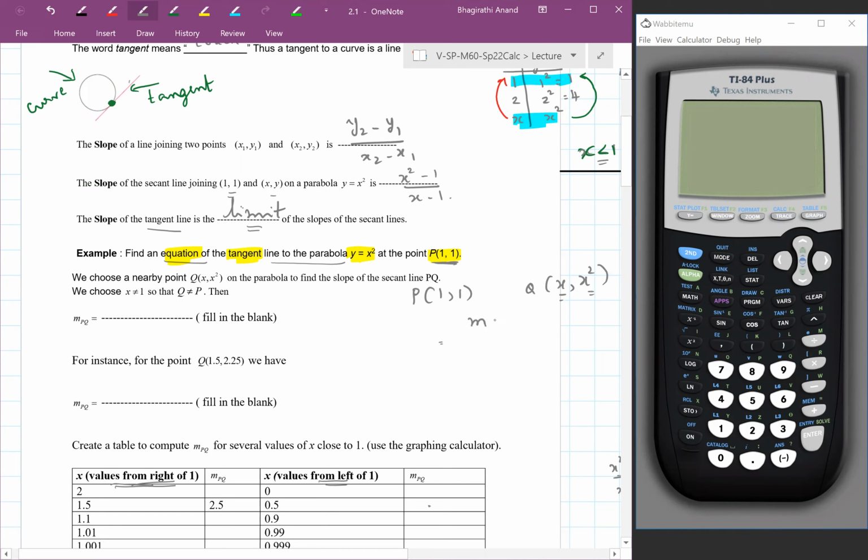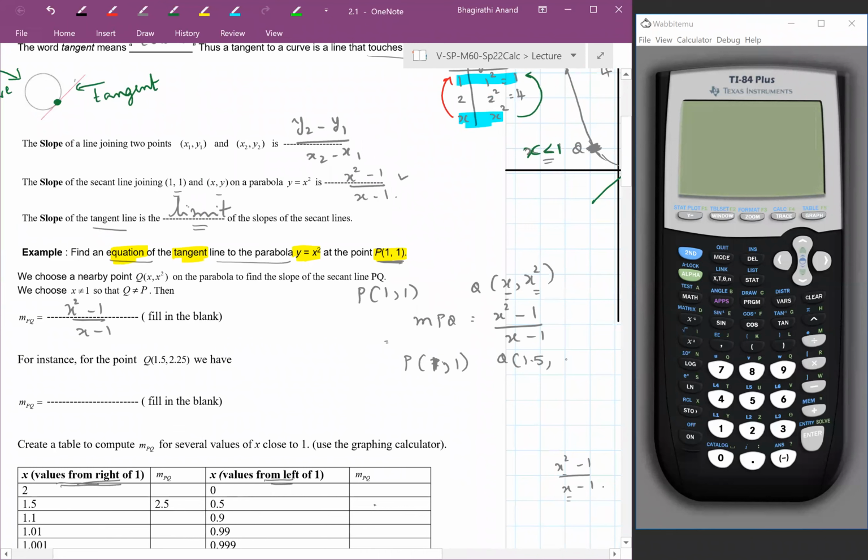So what is the slope of this line? This will be the difference in y coordinates over the corresponding difference in x coordinates. So it will be x squared minus 1 over x minus 1. Now we will pick a specific value on the right side of P. So let's say Q has x coordinate 1.5, then its y coordinate is its square, which is 2.25.